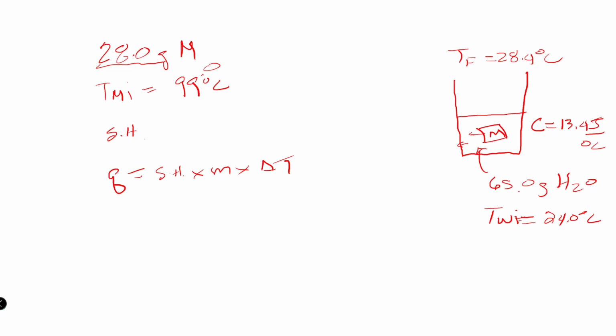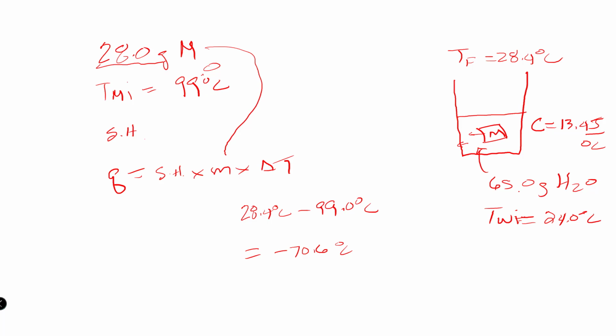The change in temperature would be 28.4 degrees Celsius minus the initial temperature of 99.0 degrees Celsius. So let's calculate that out. Equals negative 70.6 degrees Celsius.